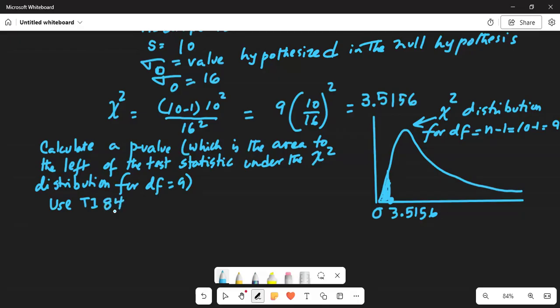Okay, so in our calculator, we'll first press the stat button, then we will go to test. No, wrong.